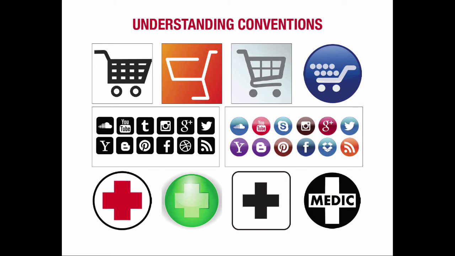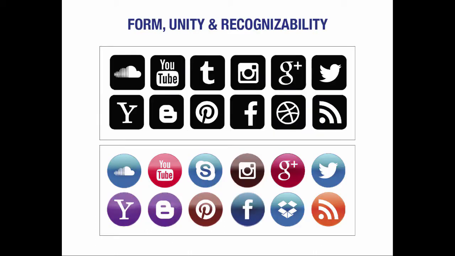Now it's time to talk about form, unity, and recognizability, three important concepts in icon design. Let's look a little more closely at the two social network icon sets. What do you notice? Although they try to convey the same message, that they have a presence on all these networks, they're very different in their form.